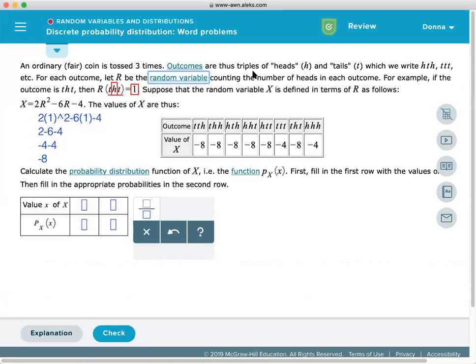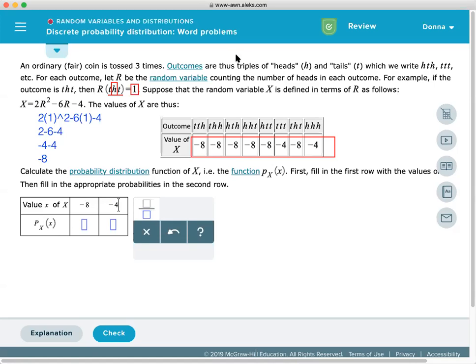So if we take a look at the random variable for X, we can see that it takes on a negative 8 and then a negative 4. So the two values that the random variable takes on are negative 8 and negative 4. And then to find the probability that the random variable X takes on the value of negative 8, we just count how many negative 8s we have.